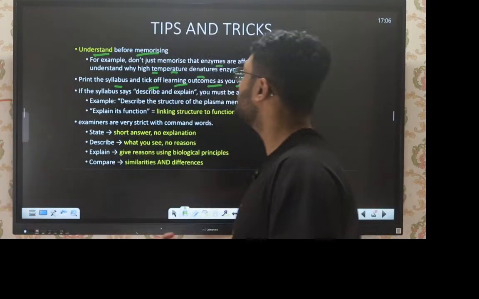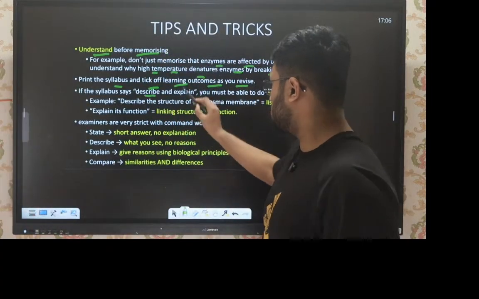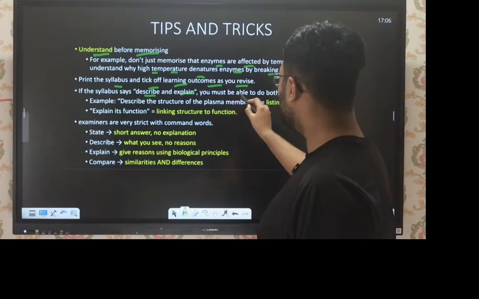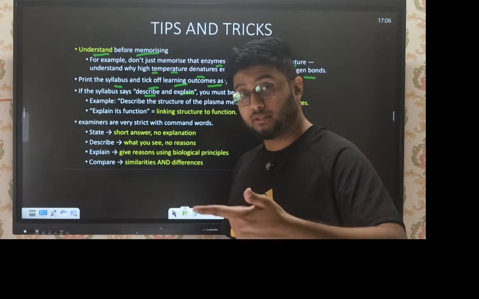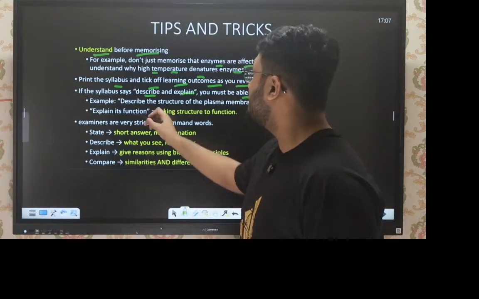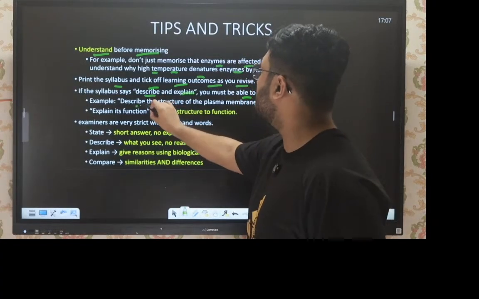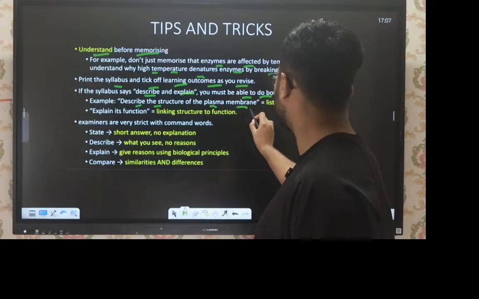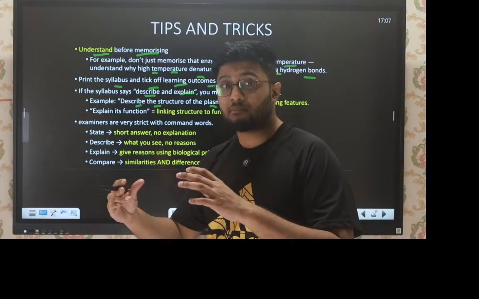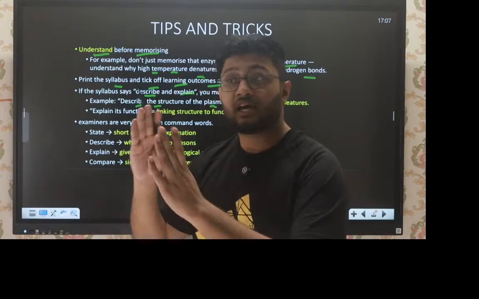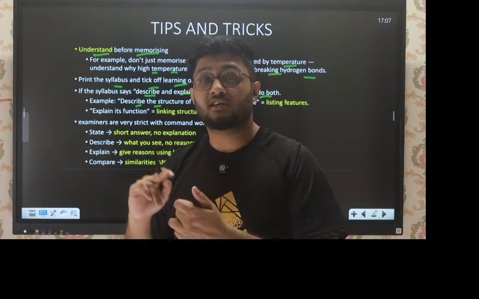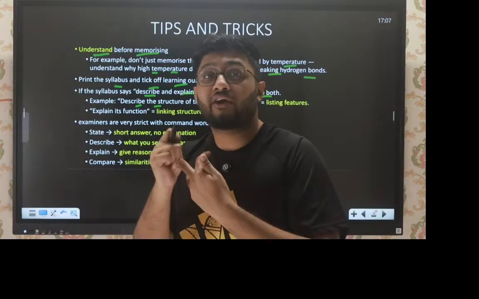All right. If the syllabus says describe and explain, you must be able to do both. Remember, describe and explain are two different things. For example, describe the structure of the plasma membrane. When they say describe, you essentially list the features of the cell membrane. For example, phospholipid bilayer, it is hydrophobic, it has carrier proteins.